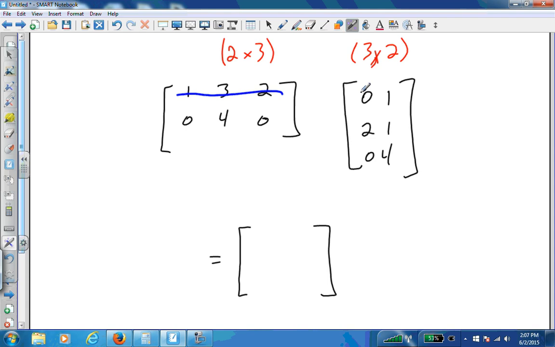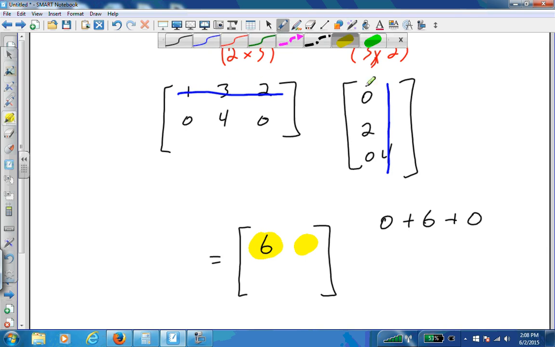So row 1, column 1, we're going to put here, we'll do 1 times 0 plus 3 times 2 plus 2 times 0. Row 1, column 2, we'll take the first row times the second column.